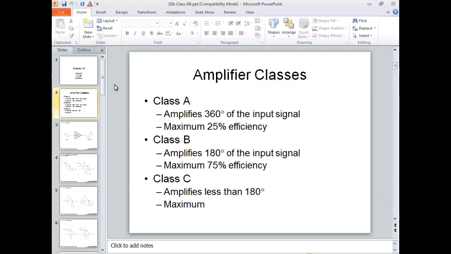So all that bias current, all that bias IC and all that kind of stuff, that's not gain, right? Class B is what? These guys move up to about a maximum of 75%. And then we have Class B, or Class C. These guys amplify less than 180 degrees, but are pretty close to 100% efficient.